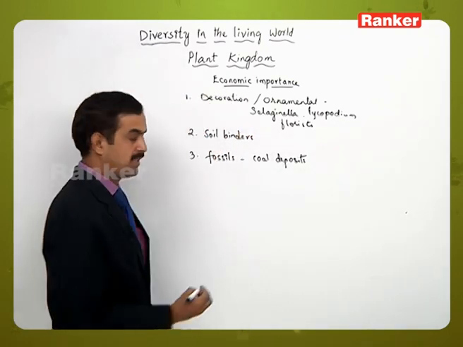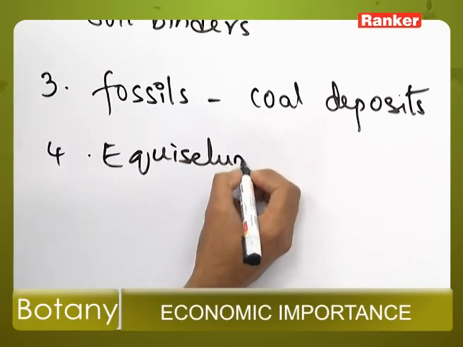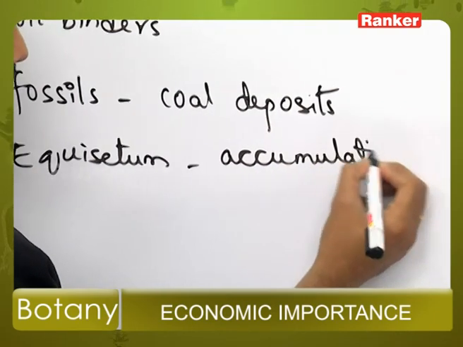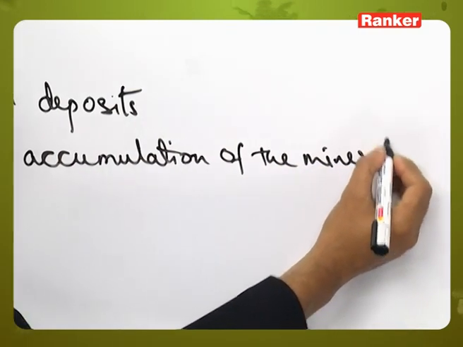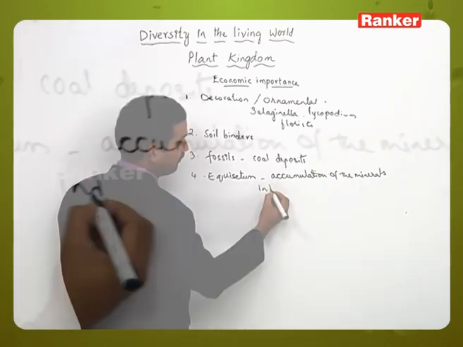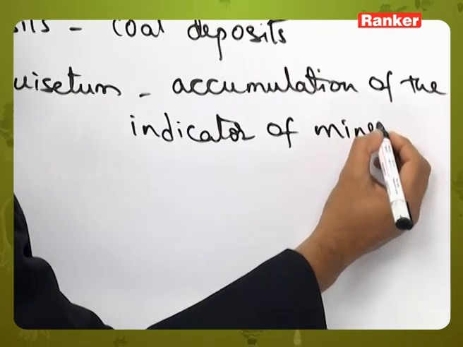Then next one, some of the members like Equisetum, it is useful for the accumulation of the minerals, and used as an indicator of minerals in the soil.